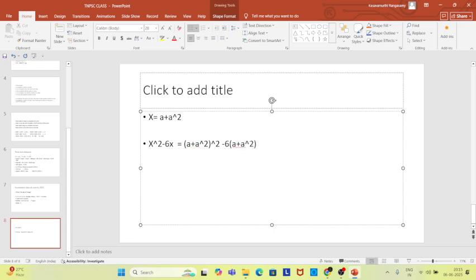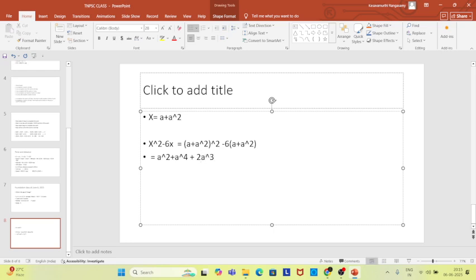Can you find the value? a plus a square whole square will be a square plus a power 4 plus 2 into a square times a, that will be a cube.